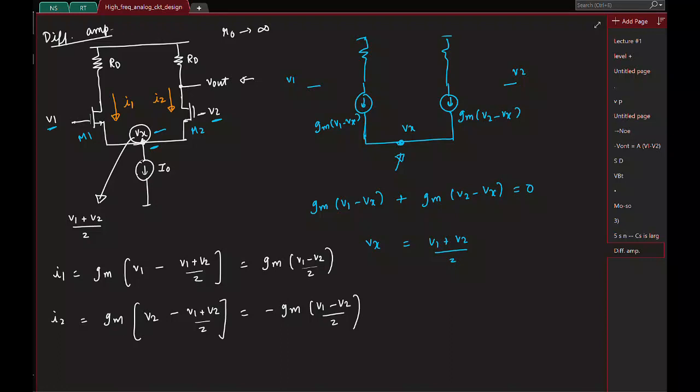So if I call this guy the output voltage, what is my output in terms of the current I2? It's minus I2 times RD. Is that okay? Yes. So what is the gain then? I have Gm RD by 2.